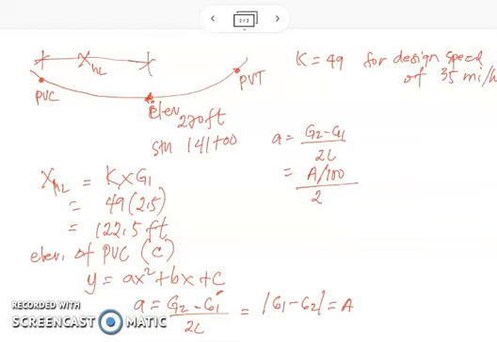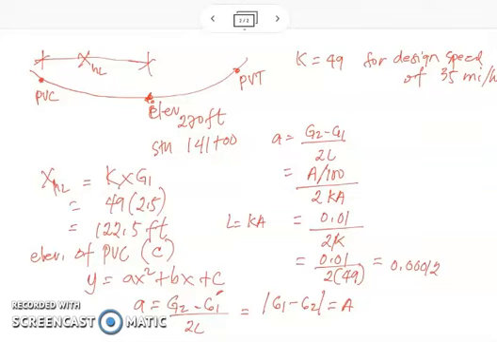Our L here actually is, L is equal to K times A. So this will be K times A. So therefore, if we try to simplify this one, we can eliminate some of the terms over to K. So this will be equivalent to 0.01 all over 2 times 49, and this will be equivalent to 0.00102. So we have now the value for our A.